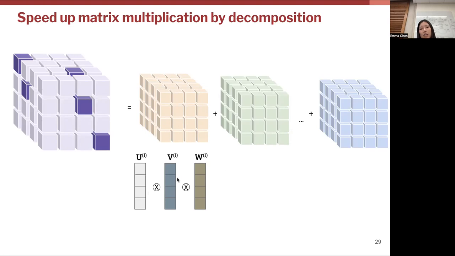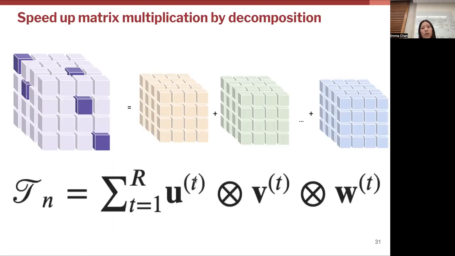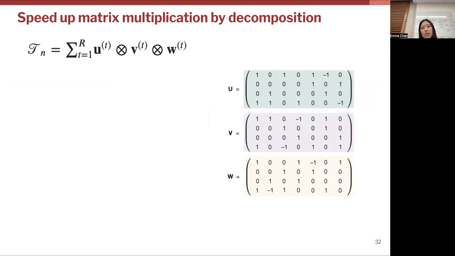This is because each of these vectors is very useful for us to come up with the intermediate values and the combination of the intermediate values that will result in the final elements in the matrix multiplication result. So now I'm going to show you how U, V, and W are going to generate the intermediate results, and then how we're going to combine the intermediate results into the final elements.